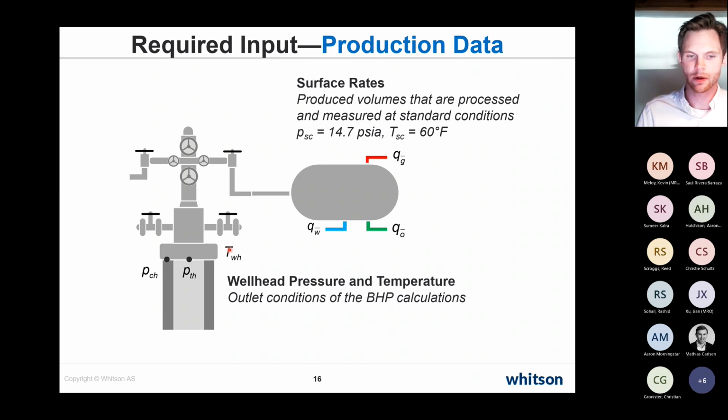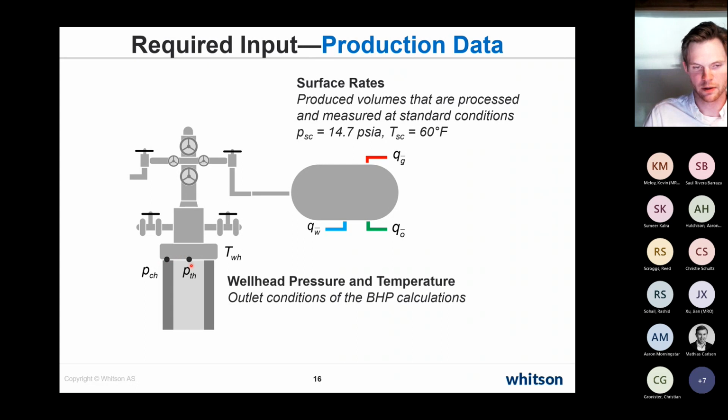Then we also need to know the pressure and temperature at the wellhead. There are typically two pressures at the wellhead. One is called casing or casing head pressure, referring to the pressure measured in the annular space around the tubing, if there's a tubing. If there's no tubing, it's just a wellhead pressure.